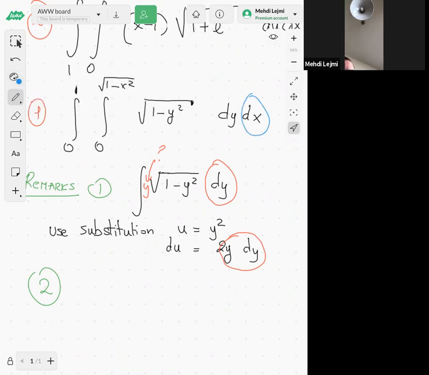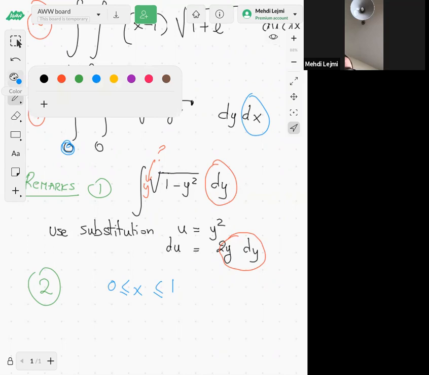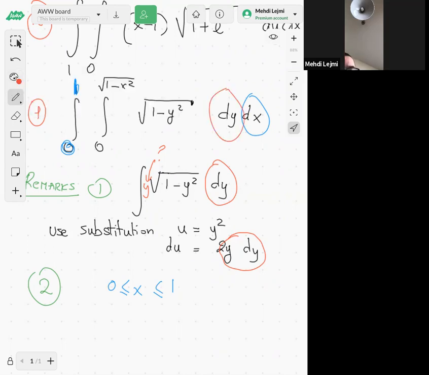X is between 0 and 1. All right. And then my y is between 0. So this is a type 1 region. So y is between 0 and square root of 1 minus x squared.